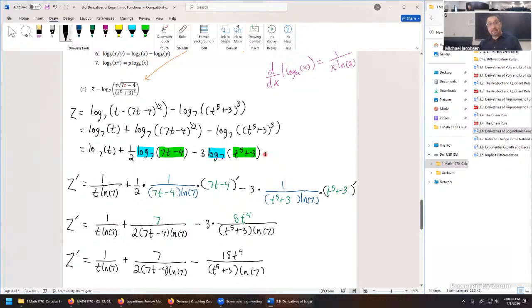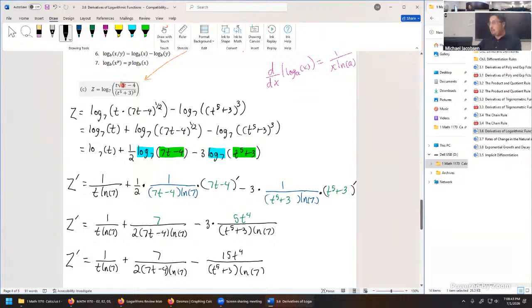And even though it looks like a lot of steps on this one, take out a clean dozen sheets of paper practically and try doing this from scratch. It's still a chain rule because there's something inside log base 7. Then you differentiate where the red dot is, but that's a quotient rule. So once you do the quotient rule on that, you'll have to differentiate the numerator, but that's a product rule.